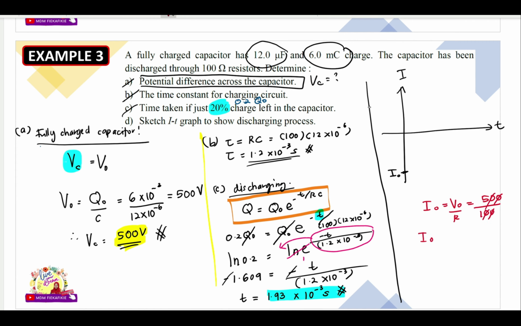So I0, 5 ampere. So kalau nak labelkan I0 ni, tulislah I0 equal to 5, okay, negative 5 to show the direction of flow of current which is in opposite direction. Okay, so kita sketchkan macam itu saja. So finish example number 3.